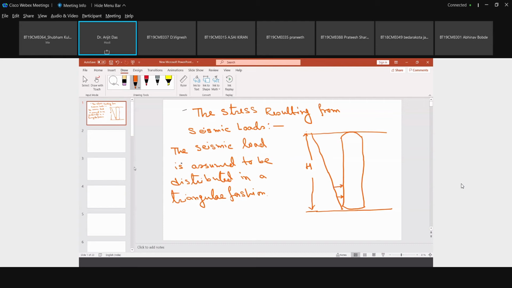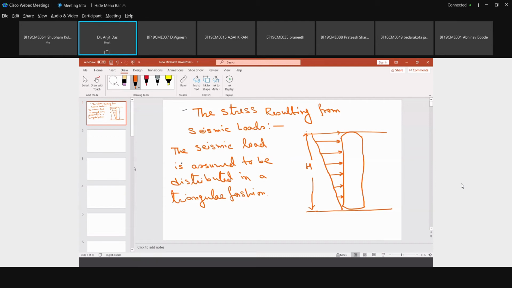So it is assumed that the seismic load is distributed in a triangular fashion. As per example, in a tall building, those who are staying at the top floor will experience more vibration compared to the person who is staying at the ground floor. So as you go up, the distribution of the seismic load will be more.